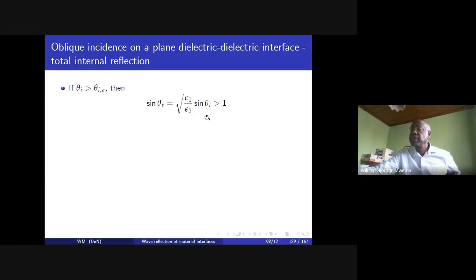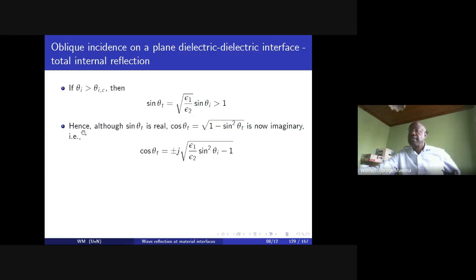Hence, although sine theta t would still remain real, the cosine would be imaginary because now we are subtracting a larger value from unity. And therefore, we can write cos theta t as plus or minus j root of epsilon 1 over epsilon 2 sine squared theta I minus 1. So we have an imaginary value there.